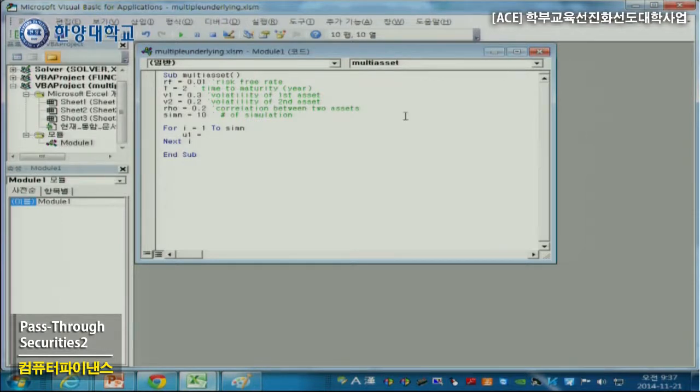U1 is NormSInv of Rnd, and then of course worksheet function. Yeah. So I'm generating the first random variable from standard normal distribution.